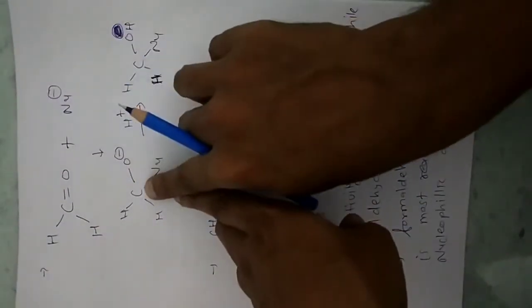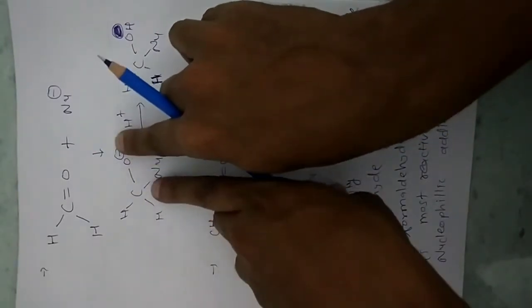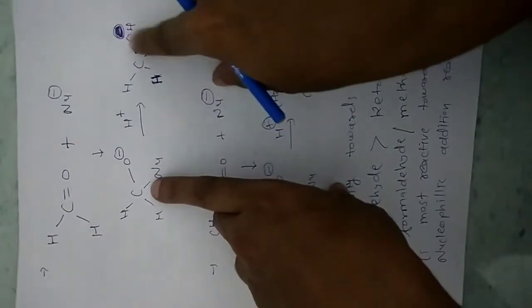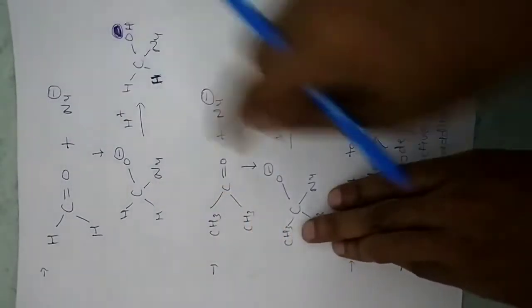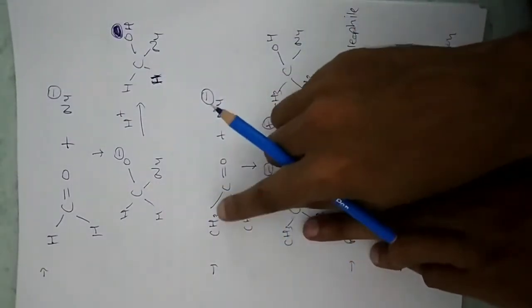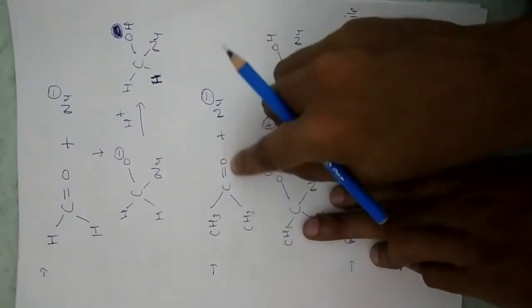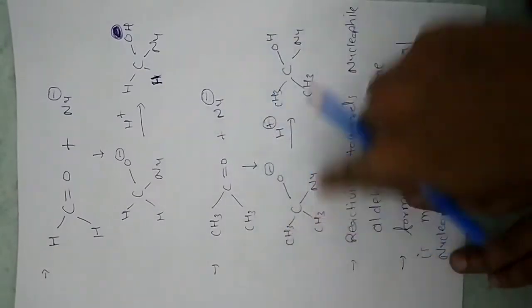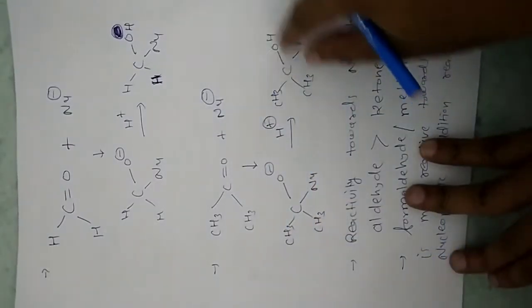The nucleophile will attack on carbon, making oxygen a minus ion. In the next step we add H plus, so we get alcohol. Here I have taken acetone, CH3 double bond O. When it reacts with a nucleophile, the same reaction is there, making alcohol.